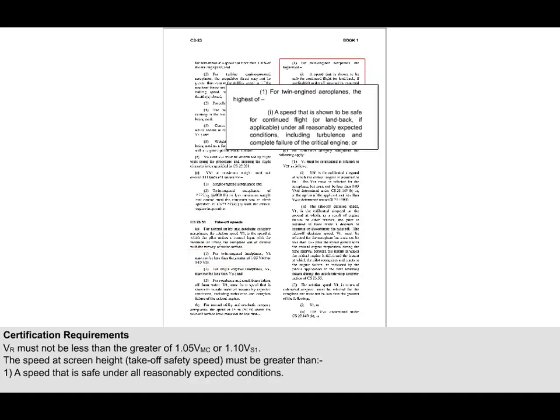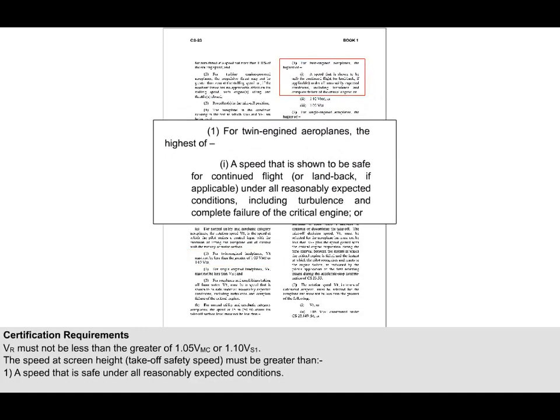The second of the certification specifications concerns the speed of the aeroplane at the screen height. The specifications state that for twin-engined aeroplanes, the speed at 15 meters or 50 feet above the takeoff surface must be the highest of three speeds.